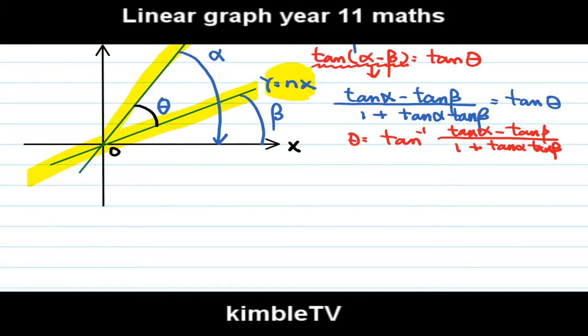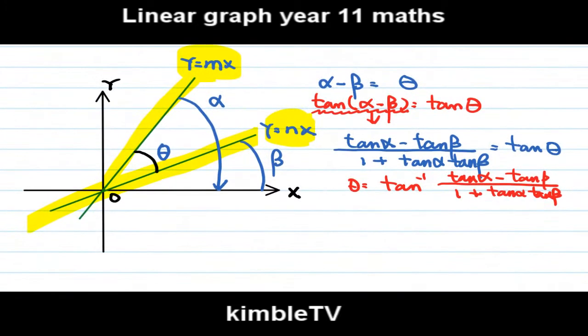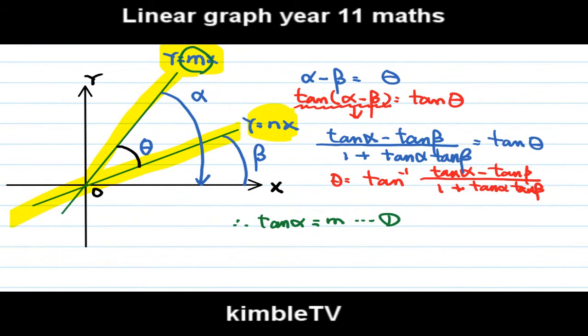And what is tan alpha? Tan alpha means the gradient. Its gradient is m, therefore tan alpha is the same as m, and tan beta is the same as n.